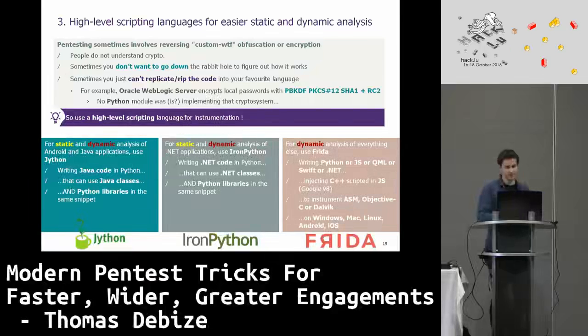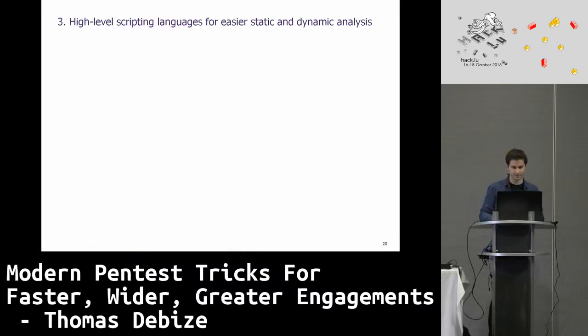And finally, for everything else, just use Frida, because Frida allows you to write Python or JavaScript or QML or Swift or .NET to inject C++ scripted in JavaScript through the Google engine to instrument assembly, Objective-C or Dalvik on Windows, Mac, Linux, Android, and iOS. That's awesome. So use Frida as much as you can, and IronPython also, and Jython. But with Frida, you can do everything.